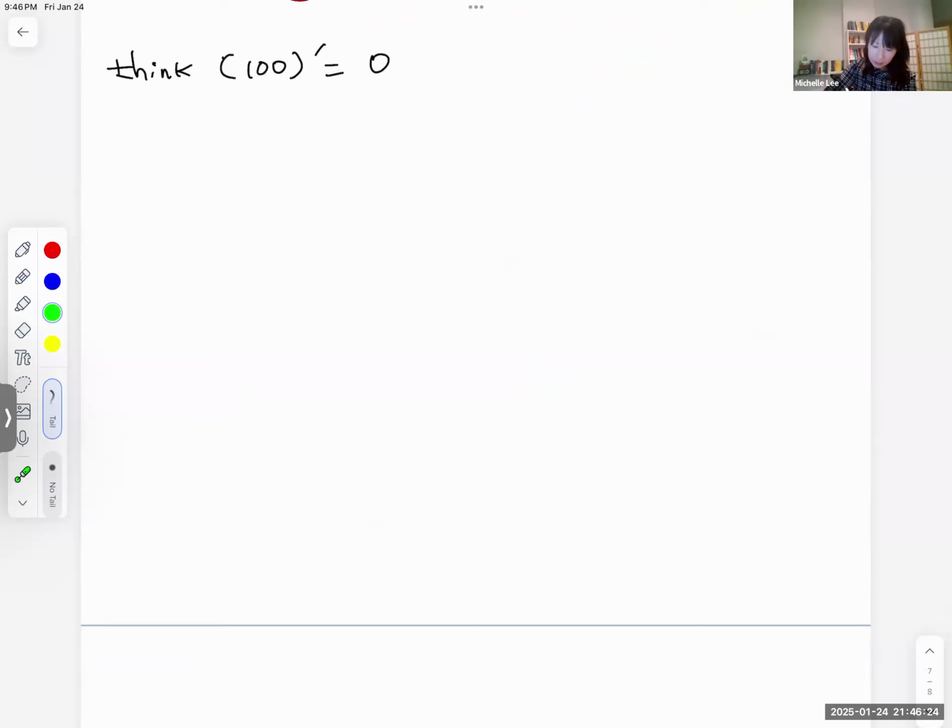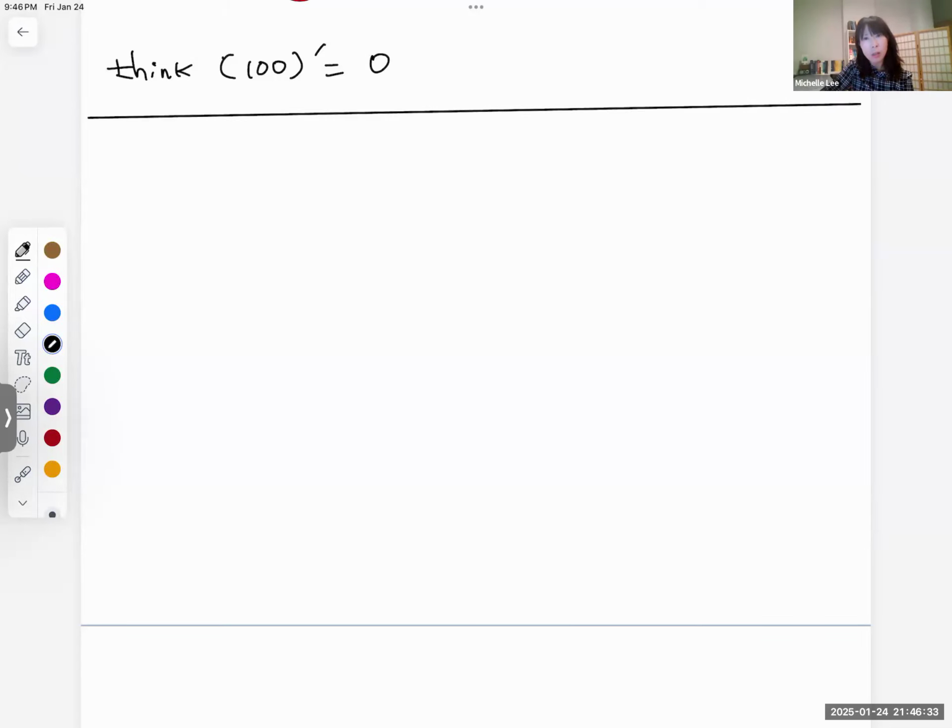How about this? Second one, g of x, y equals sine of x squared y minus 2x plus 4.